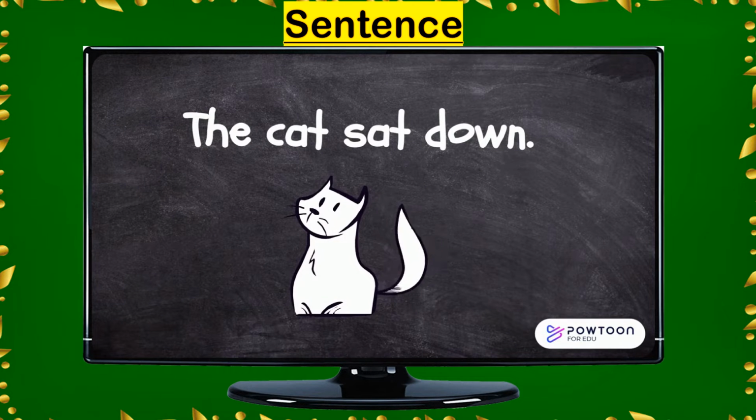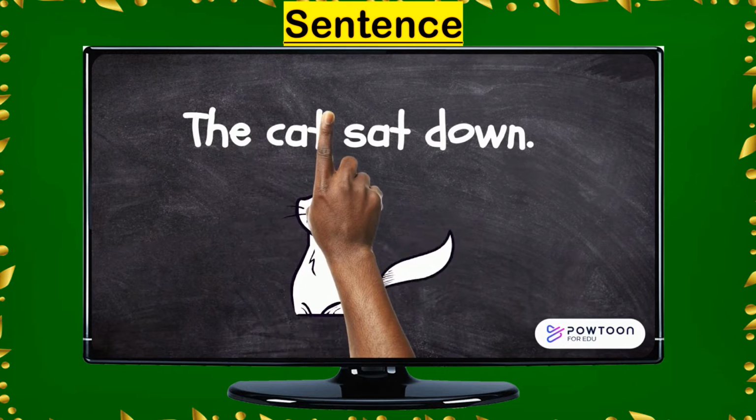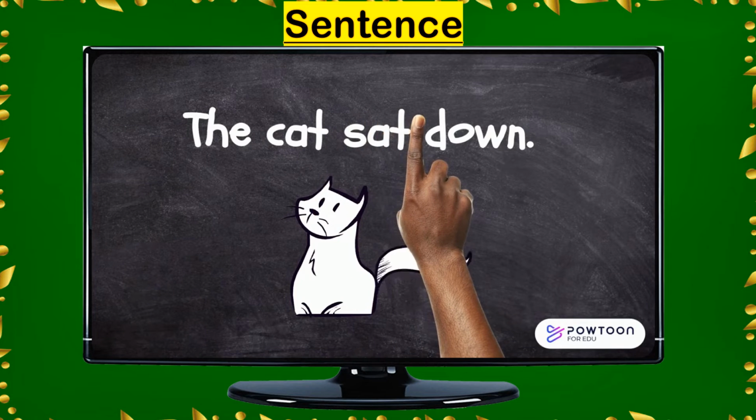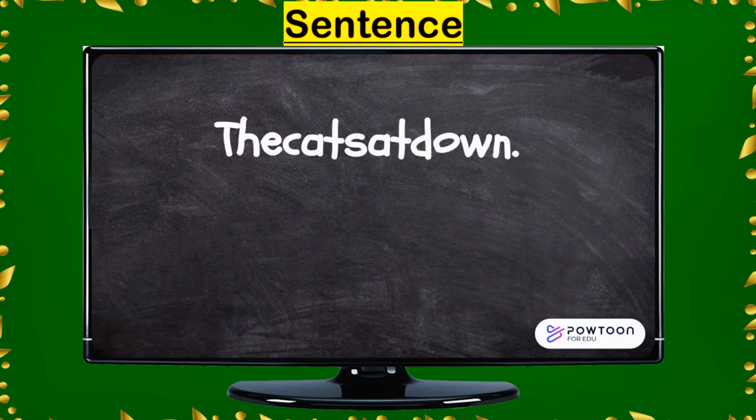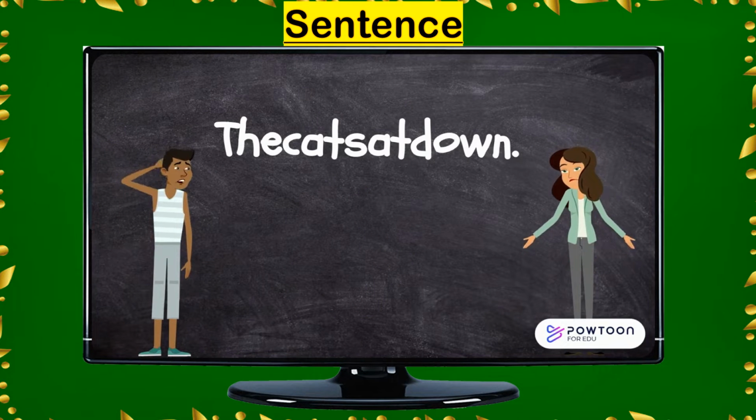Let's use this sentence for example. The cat sat down. I can read this sentence because it has finger spaces and I can see each word clearly. What would happen if I took out the finger spaces? Thecatsatdown. Yeah, that does not make sense.